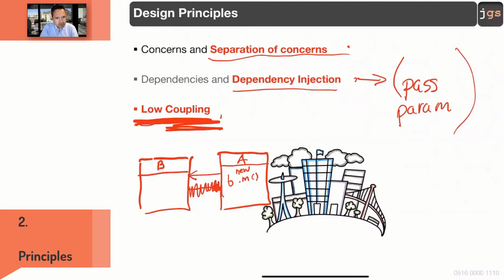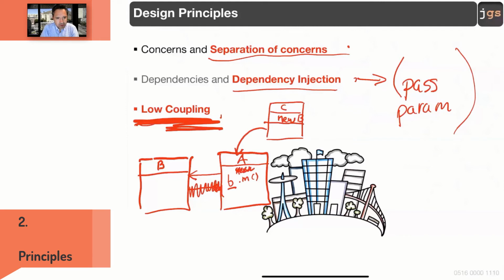What can I do? I can do the new for B in another class, and I can send this object B as a parameter to A, instead of having the new here.